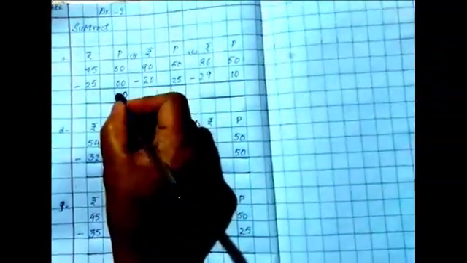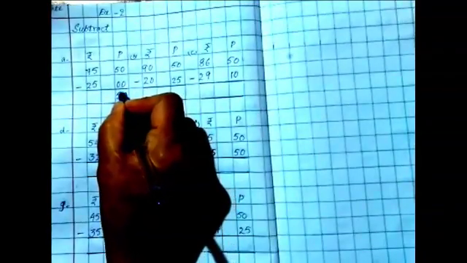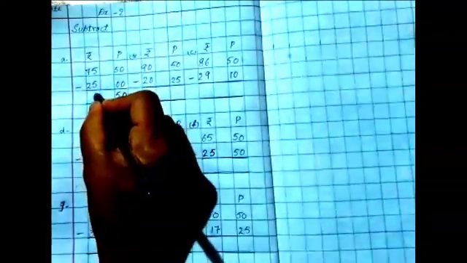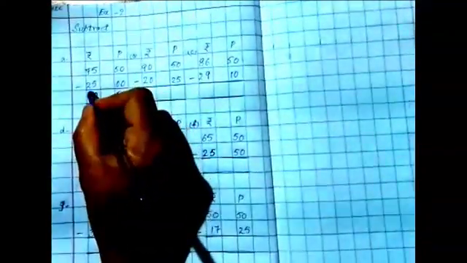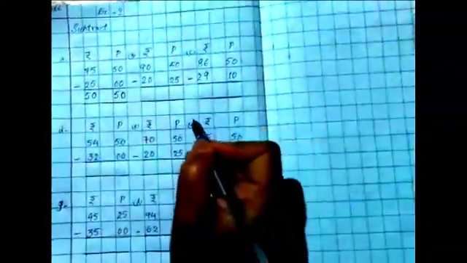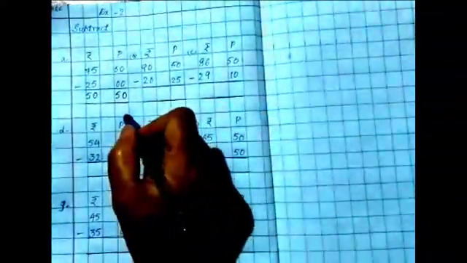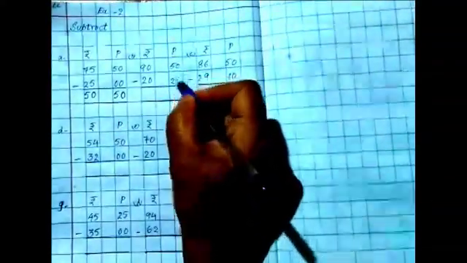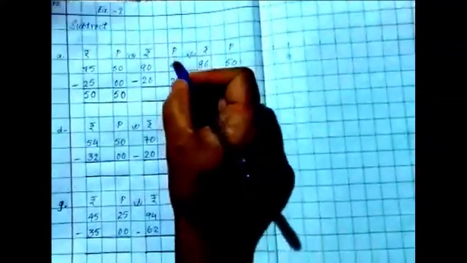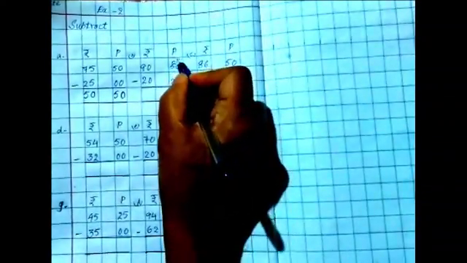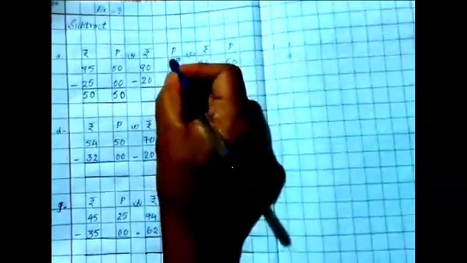5 minus 0 is 5. Here 5 minus 5 is 0 and 7 minus 2 is 5. Okay, 50 rupees and 50 paise. Here from 0, 5 will not go, so you need to borrow from the next number, making it 10, and this will become 4.